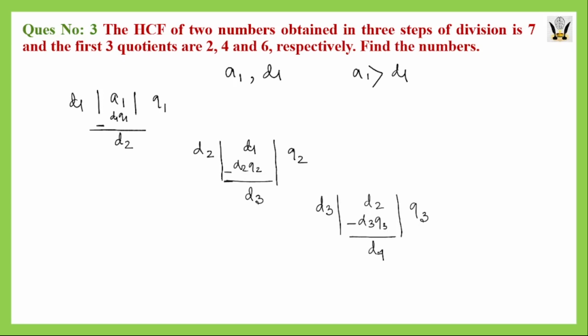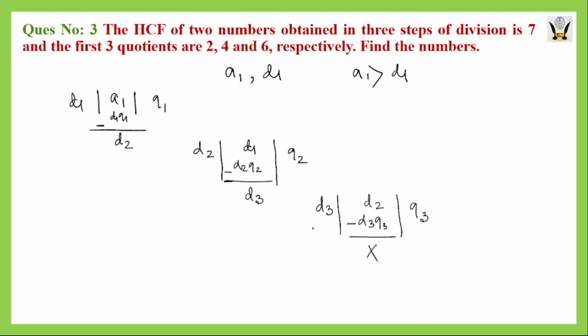Now in this division method of finding HCF, we had only three steps, and this is our final step. As per the rule of this division method, there will be no remainder in the final step, the remainder value will be 0, and the divisor that we have in the final step becomes the HCF.